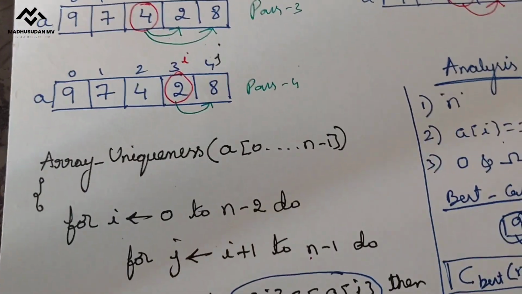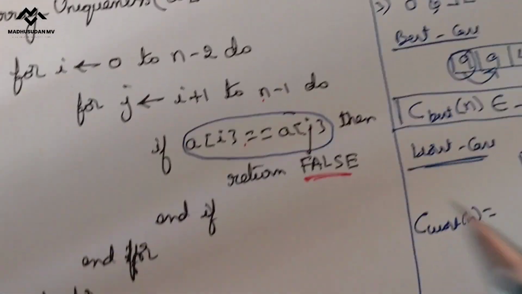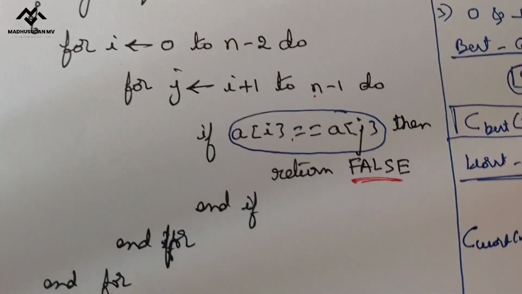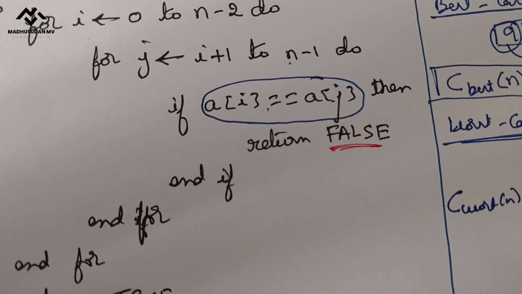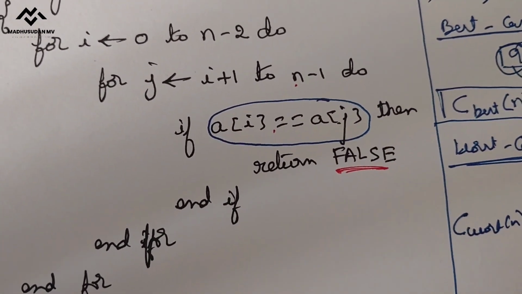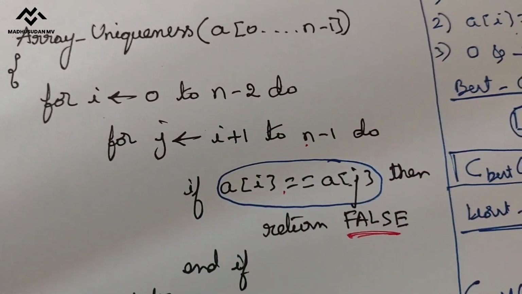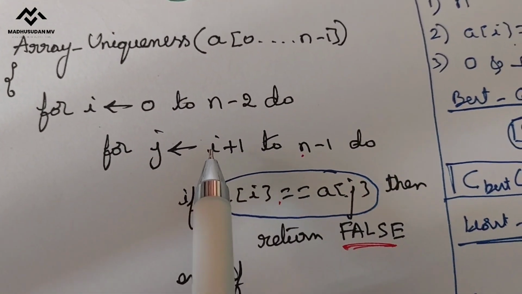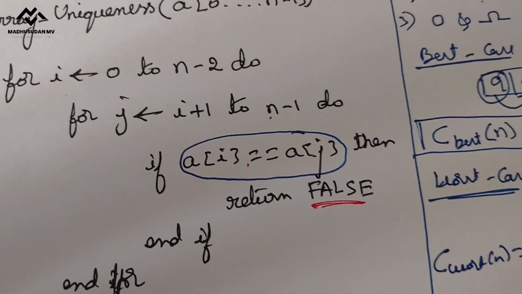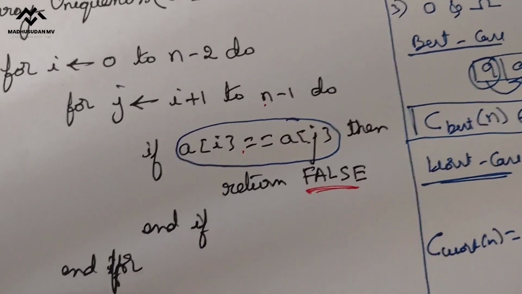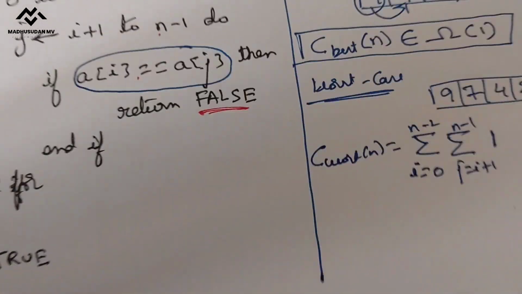For the worst case, I'll write C worst of n is equal to, and in our algorithm two for loops are there, so I'm using two summations. The first for loop runs from i equal to 0 to n minus 2. The second for loop runs from j equal to i plus 1 to n minus 1. For each iteration, we execute the comparison operation once.